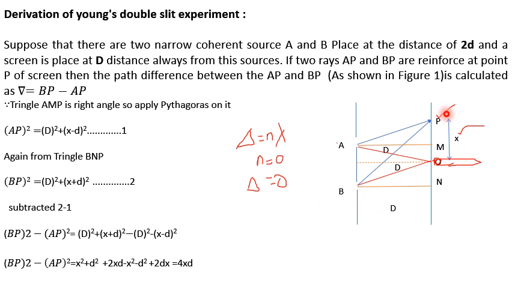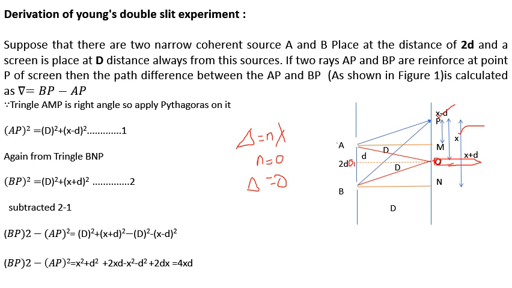Now we are talking about the perpendicular. As we see here, PM is the perpendicular in triangle AMP. So how do we calculate this PM? As you see here, the distance between A and B is 2D. If we consider a point just in the center of A and B, suppose this point is O1.